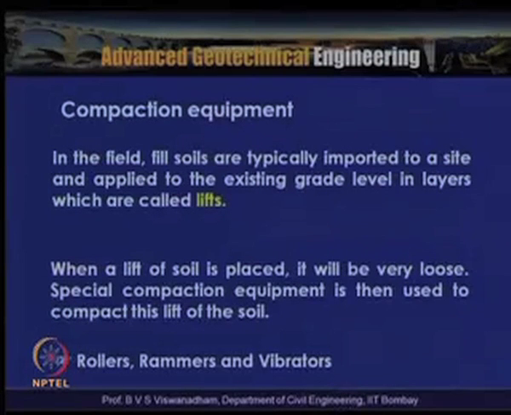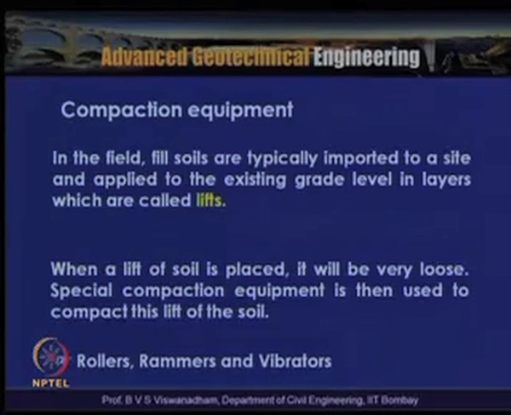If you want to construct an embankment above the existing ground level, the loose soil is placed at a certain water content, and based on the characteristics which are required, the soil is compacted. These compacted layers are called lifts. When a lift of soil is placed, it will be very loose, and special compaction equipment is then used to compact this lift of soil.